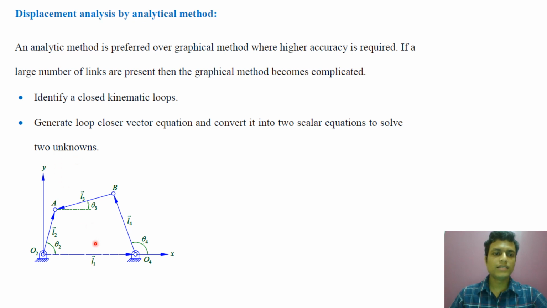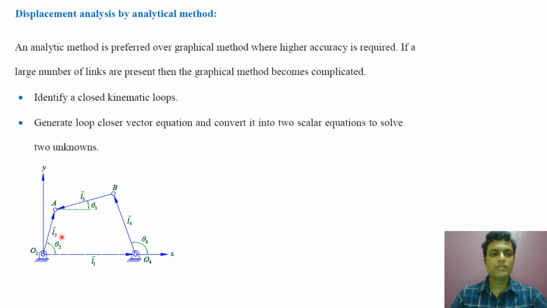So in analysis, the lengths of all links, that is L1, L2, L3 and L4, are known. And the input angle, that is, if O2A is link number 2 and it is the crank, then the input angle, that is crank angle theta 2, is also known.